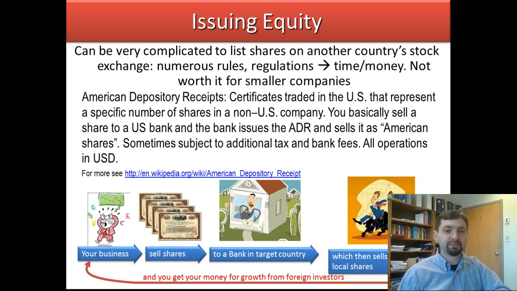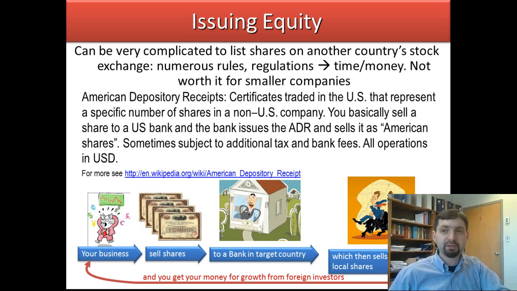And so what sometimes companies do, they use American depository receipts, and you have exactly the same types of things for other countries. When a foreign company comes to the United States, they sometimes will not be allowed legally to list their shares on a foreign exchange, either because there may be restrictions in the country where you came, or maybe your home country may not allow you to sell your shares on a foreign market.